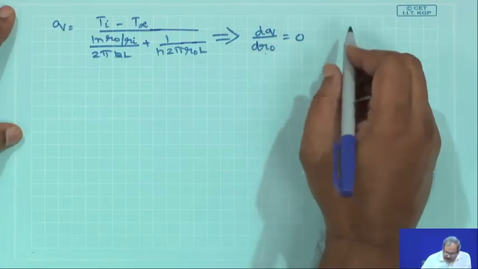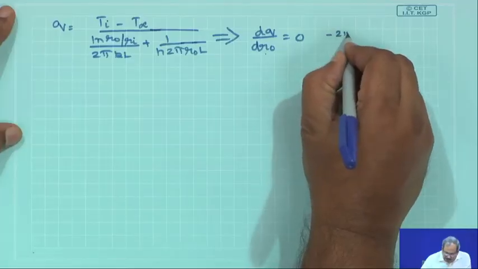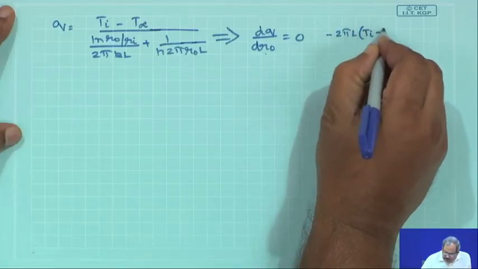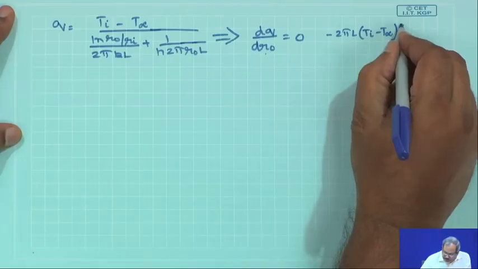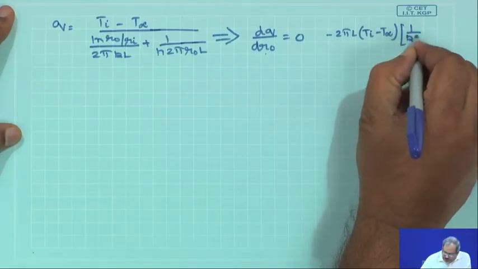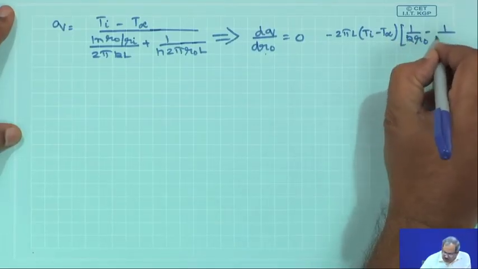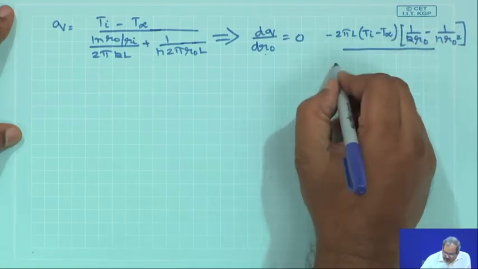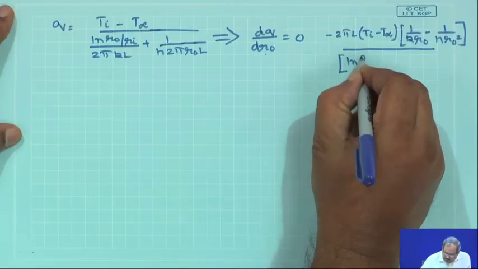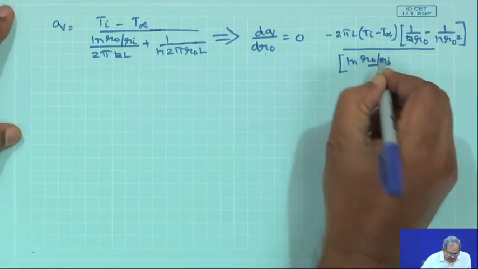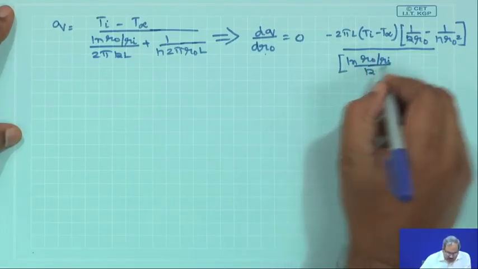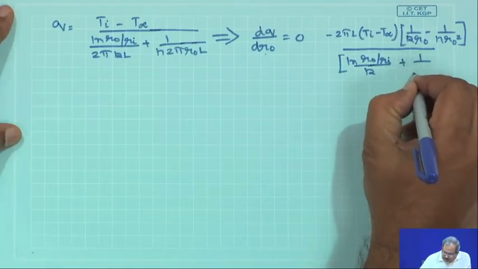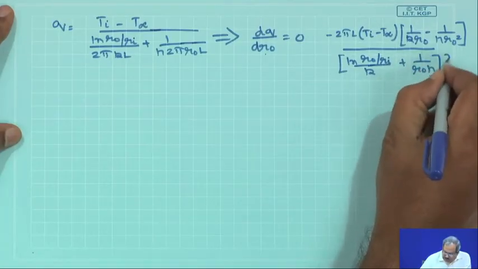So, if I do this, then what I am going to get is twice pi L T I minus T infinity times 1 by k r 0 minus 1 by h r 0 square, divided by... this is straightforward maths, there is nothing over it.